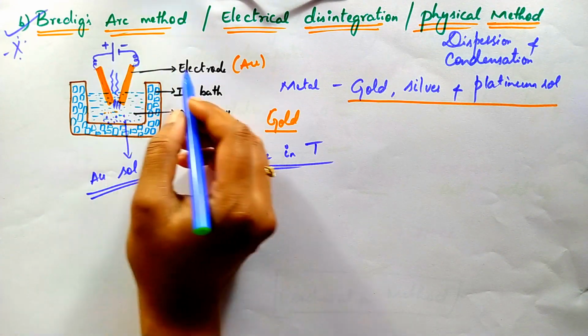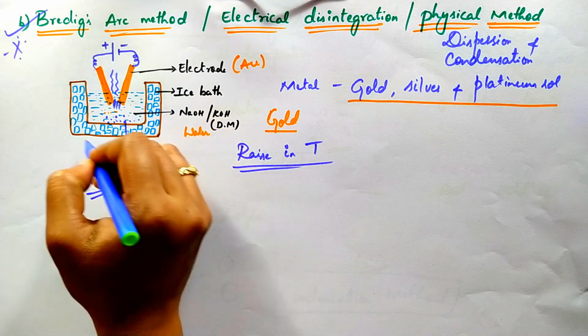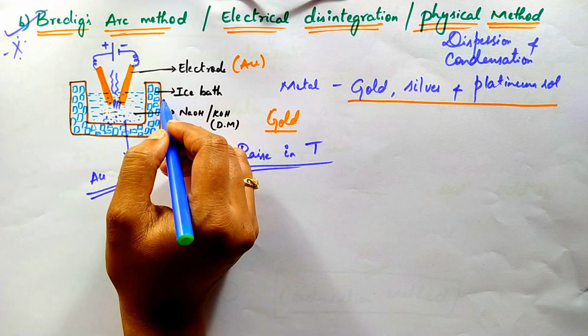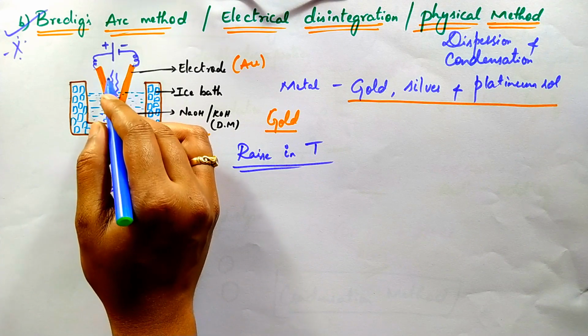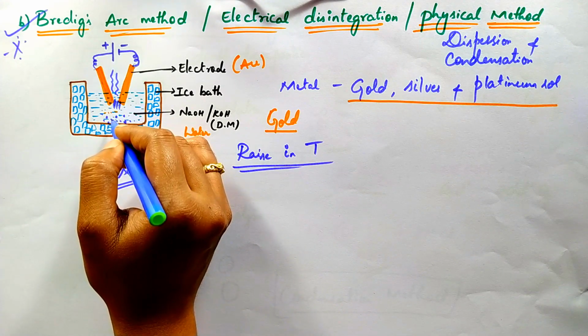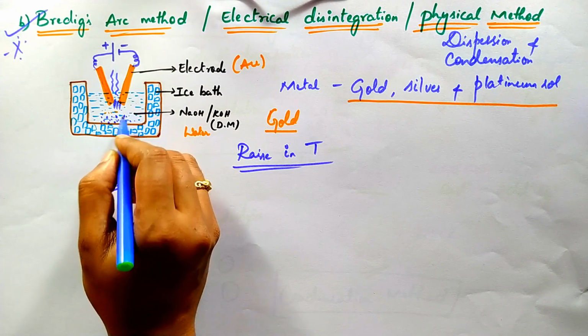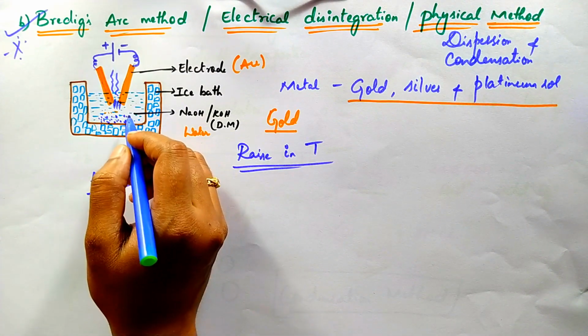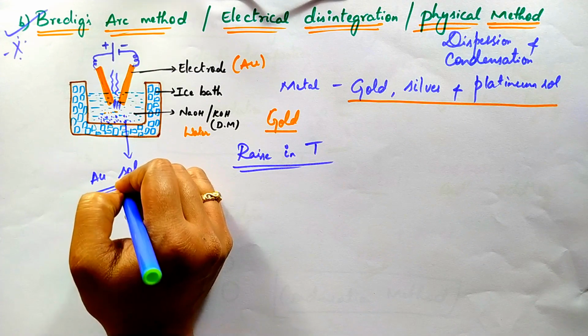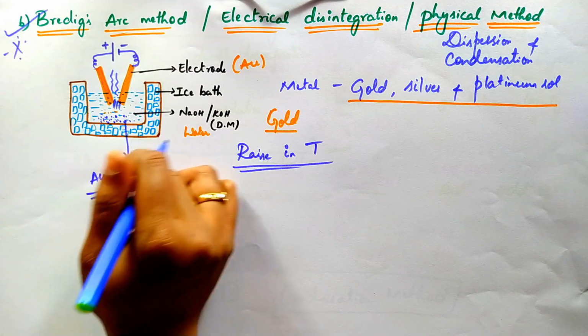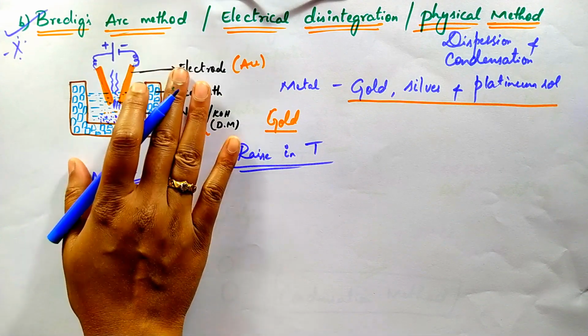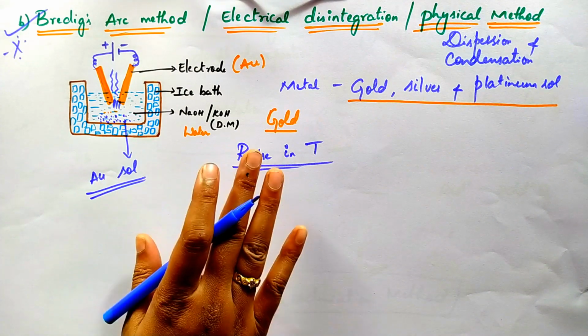The ice in the outer vessel condenses the vapor, and these particles settle down in the vessel, which we call a colloidal sol, that is a gold sol. This is how we prepare the gold sol. This is the second method.